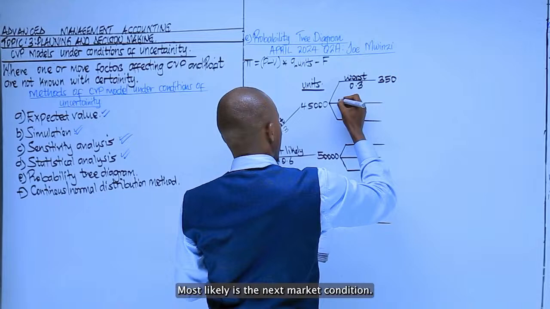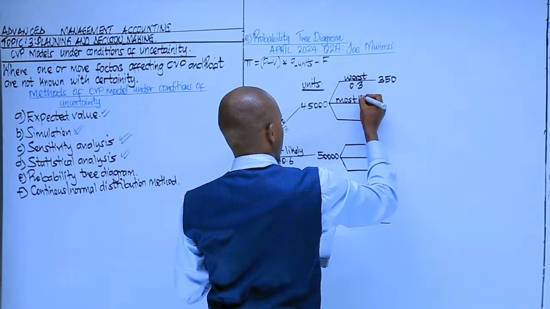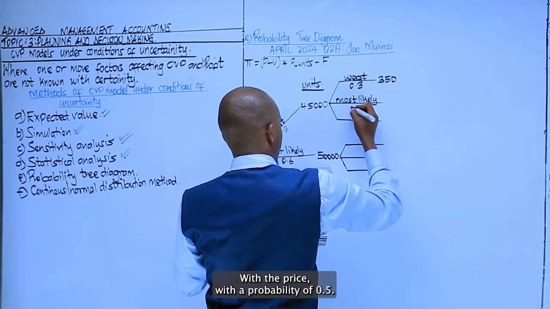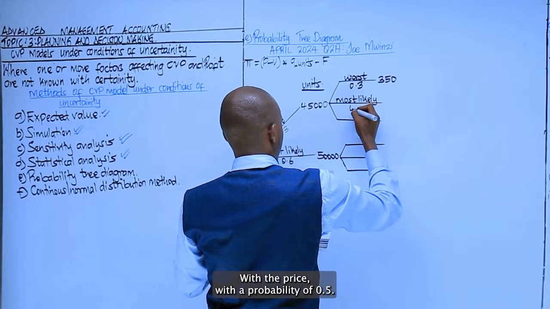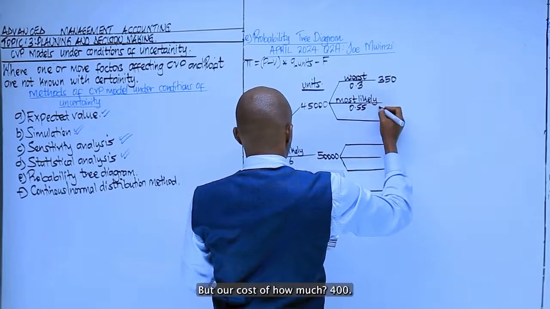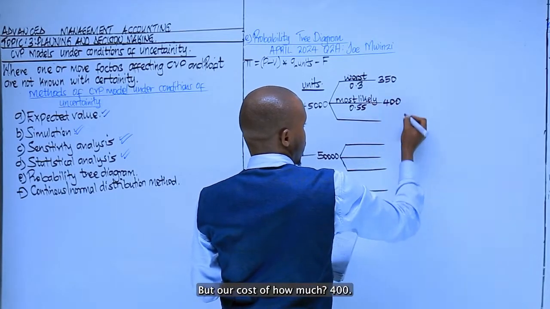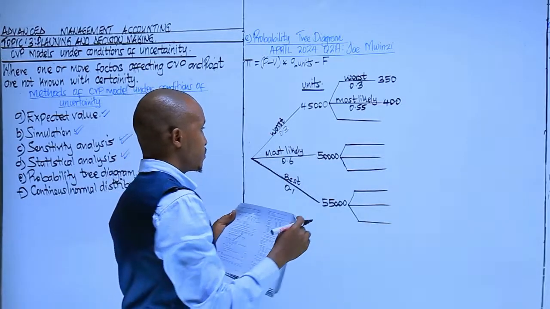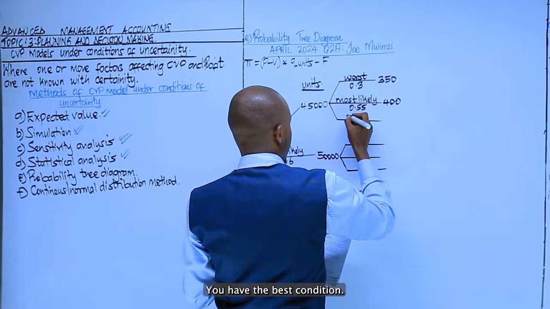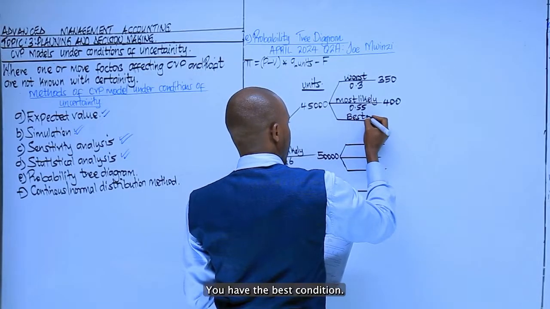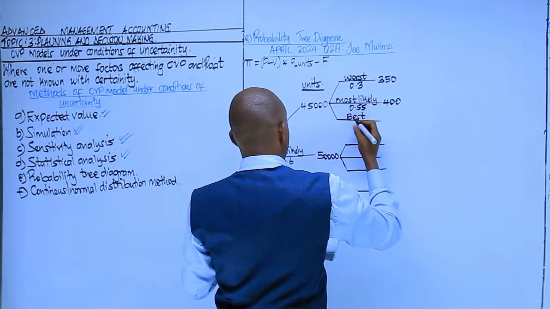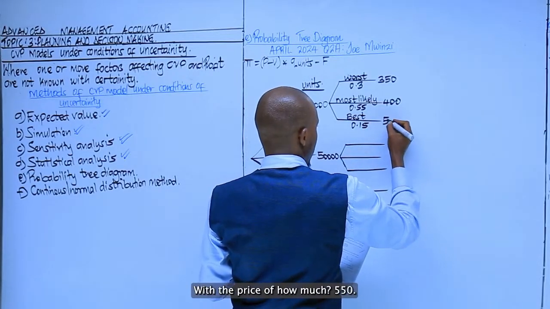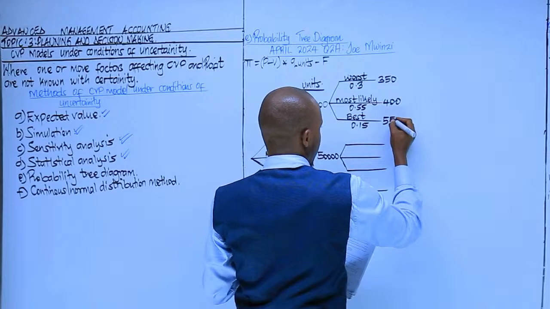Most likely is the next market condition, with a probability of 0.5, but a cost of 400. You have the best condition with the probability of 0.1 with the price of 550.